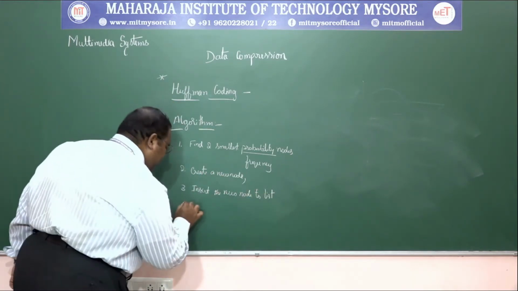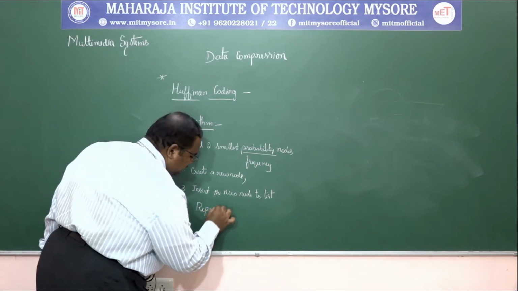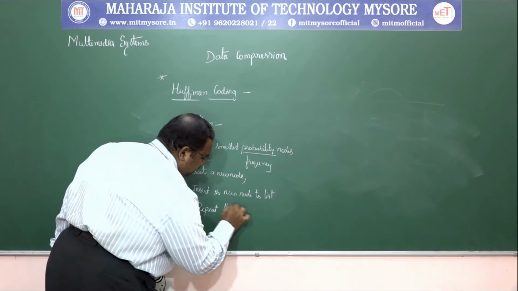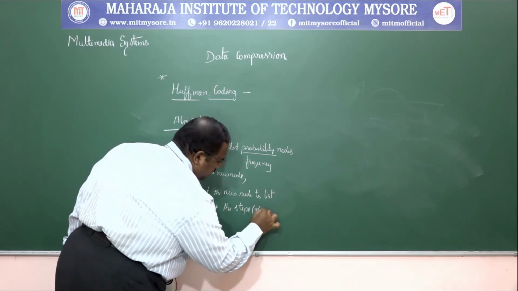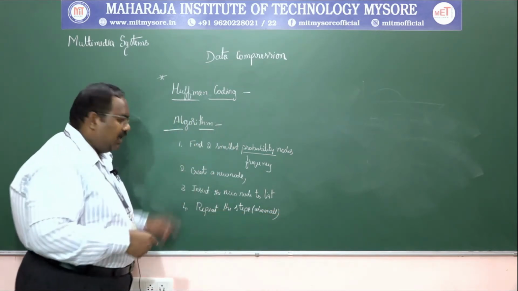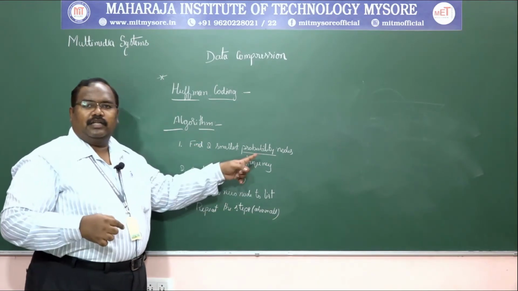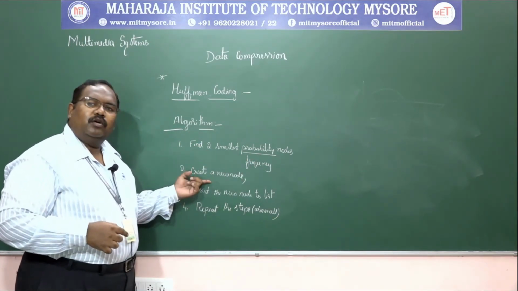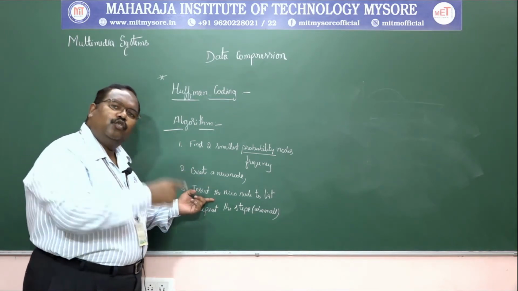What do we do here? Again, we repeat the steps. We again find the next two smallest nodes in the new set. Again create one more node with the two smallest values, and that node is inserted into the list again.